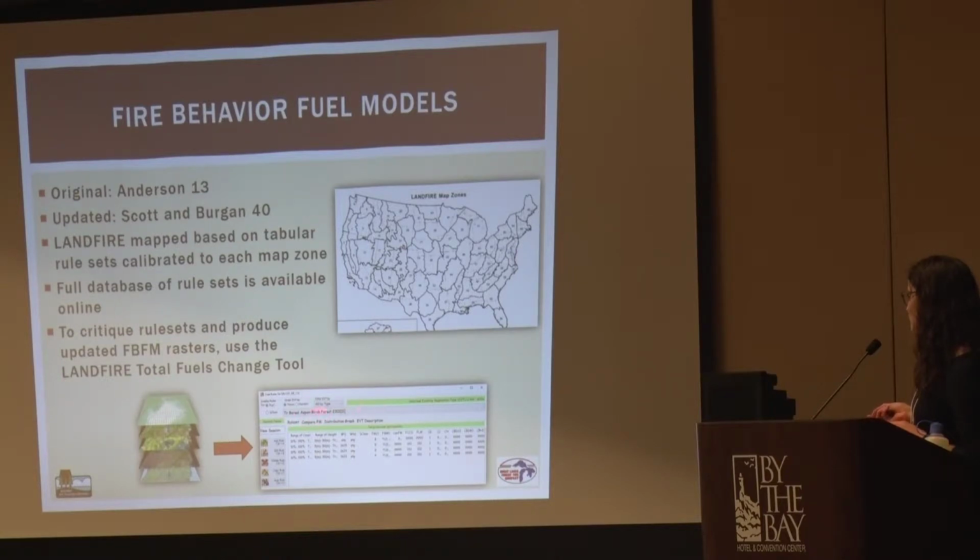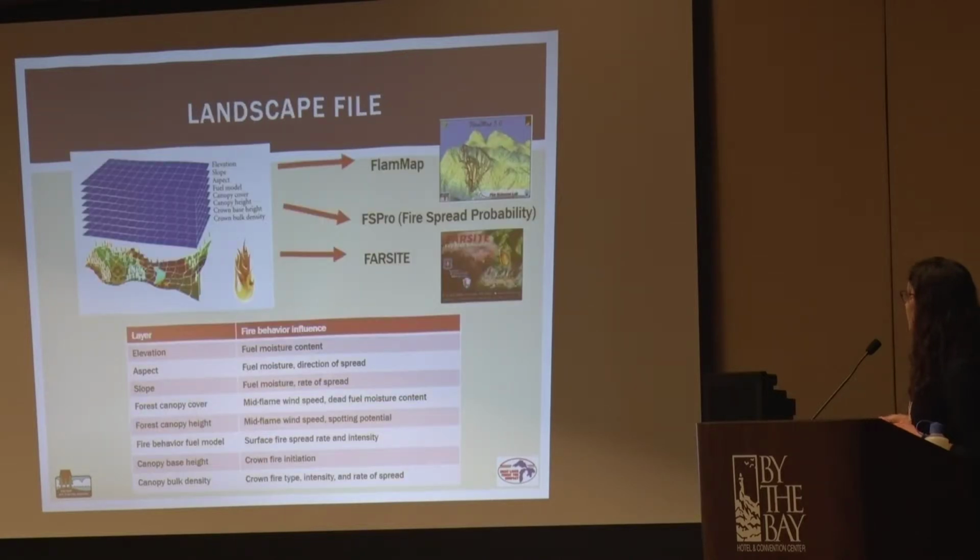There's a drop-down menu here. You go to any existing veg type that you want, and it pulls up all the rules. This is really helpful because the rules in the full database are coded as numbers. So GR3 is 103, which is hard to go back and forth between. But in here you have the actual values you would be interested in looking at, like TU1, TU2. I'll get more into that later.